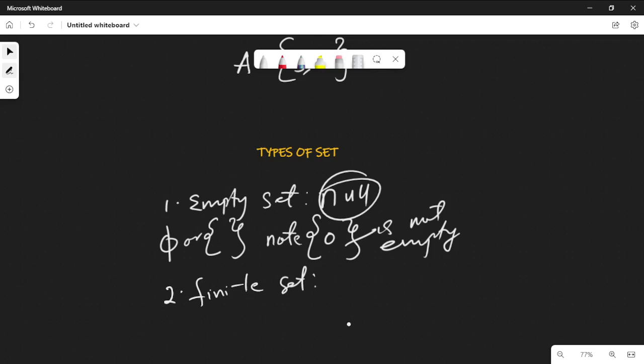So when you say finite set, let's just move on. Finite set means you have the whole of the elements inside it listed out. You can list everything inside it out. For example, if I write down the number of local governments in Nigeria, this is a finite set.